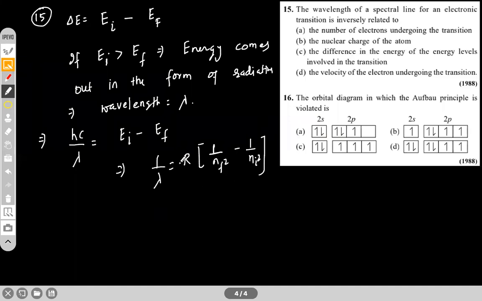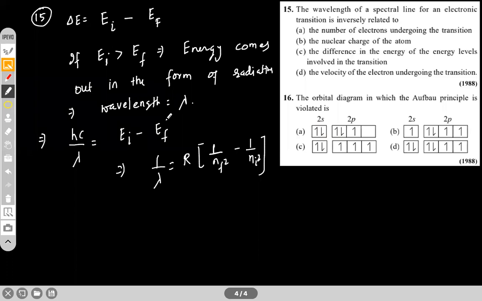Okay. Let us see the options. The number of electrons undergoing the transition, no. The nuclear charge of the atom, no. The difference in the energy of the energy levels involved in the transition, the velocity of the electron undergoing the transition. Obviously, delta E is equal to hc by lambda, and lambda is inversely proportional to delta E, right?